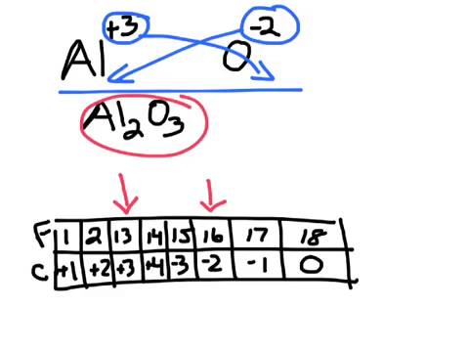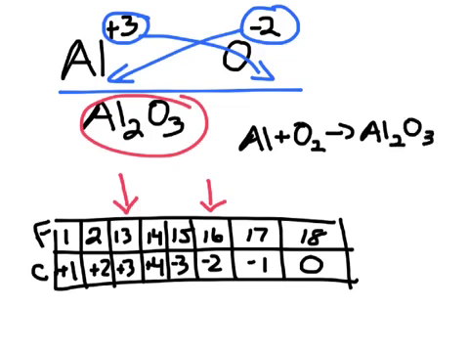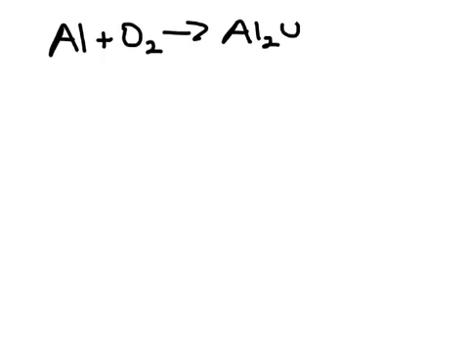So if I want to finish the chemical reaction, Al plus O2 goes to Al2O3. So that's my synthesis reaction. Let's rewrite it: Al plus O2 yields Al2O3.